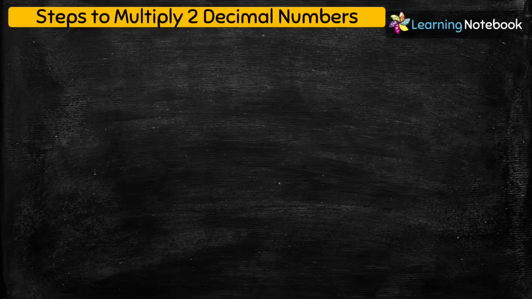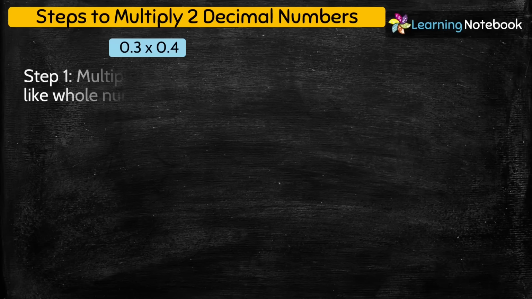So there are some steps to multiply two decimal numbers. Let's understand these steps with the help of an example. We have to multiply two decimal numbers 0.3 and 0.4.